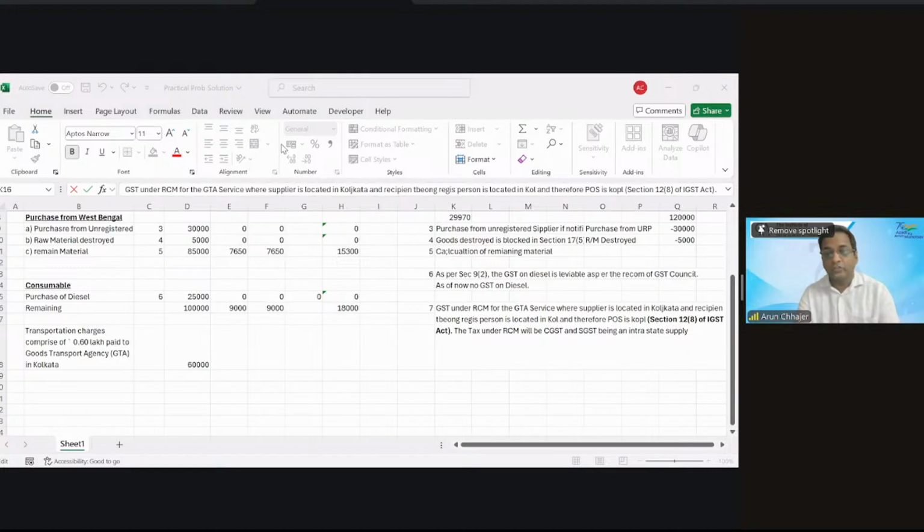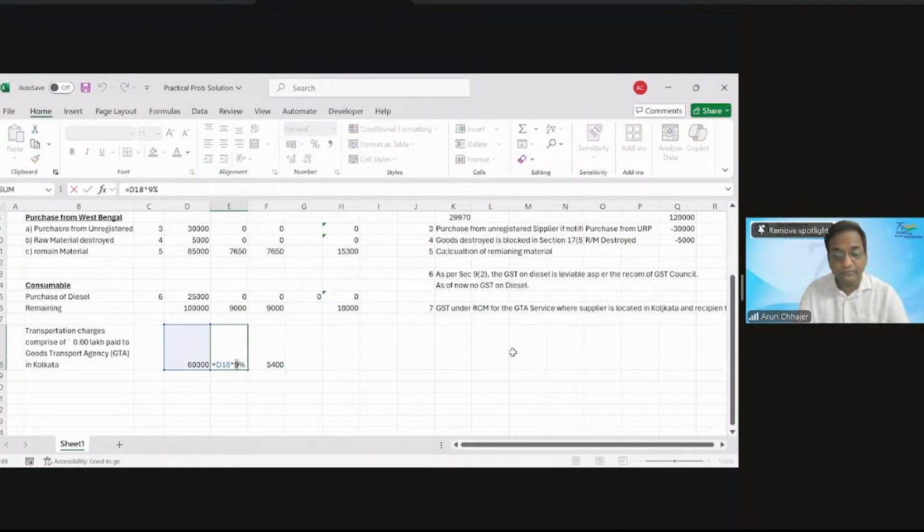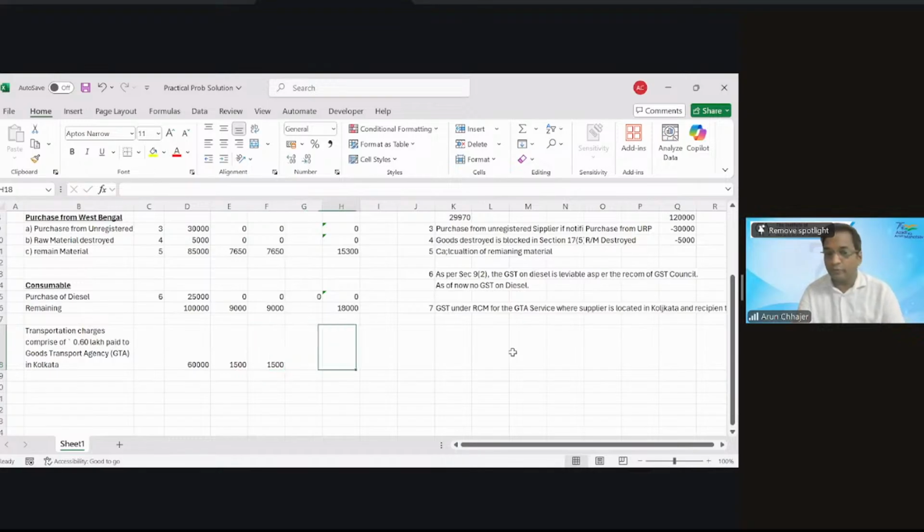Okay. So now we can say the tax rate is 5% now. So 2.5, 2.5. Again, we can say correct.